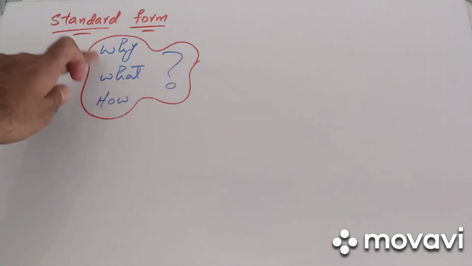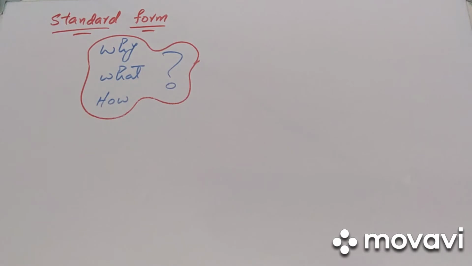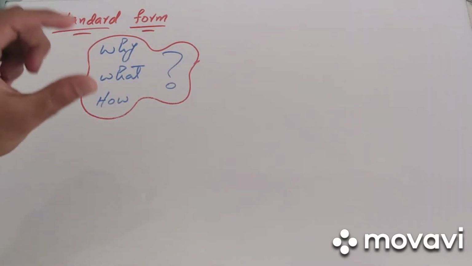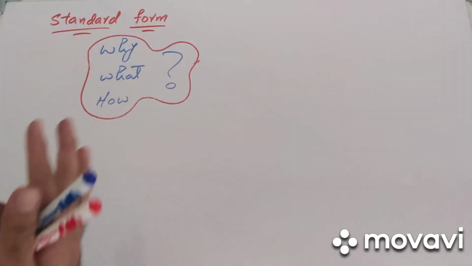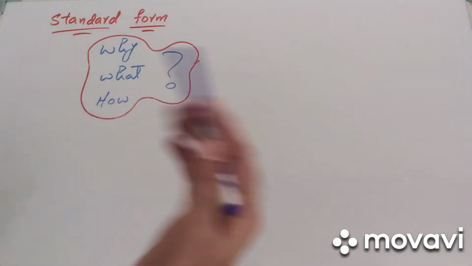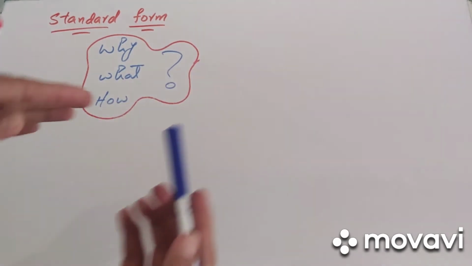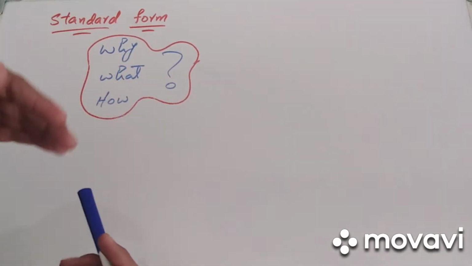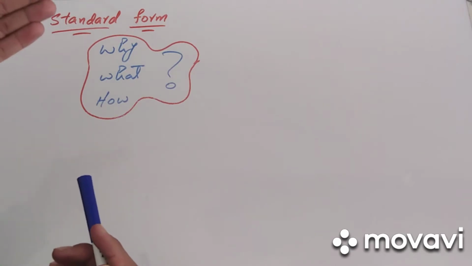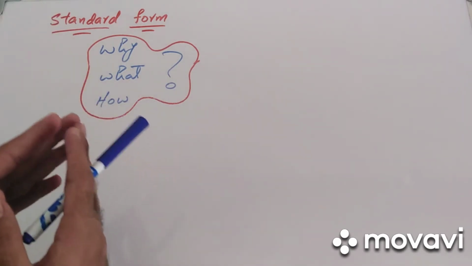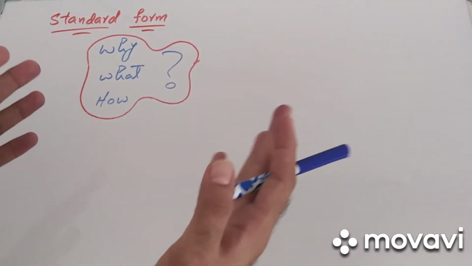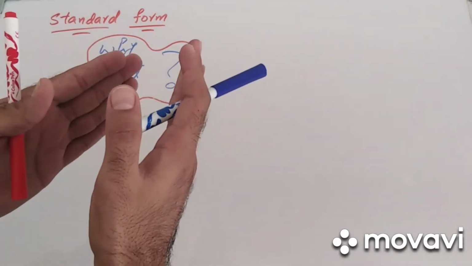Why do we use the standard form? Well, the standard form is used to compress very big numbers or very small numbers. If we have a huge number, let's say the distance from the earth to the moon, you have to compress that to make a smaller thing.